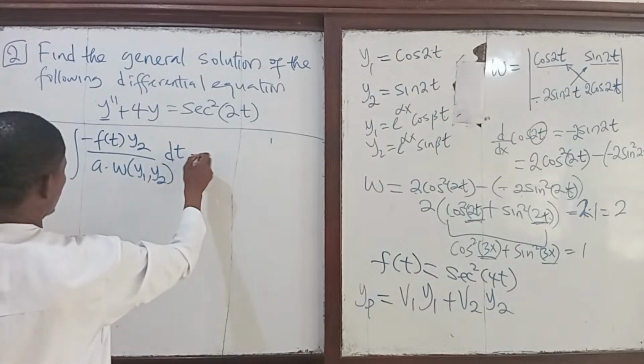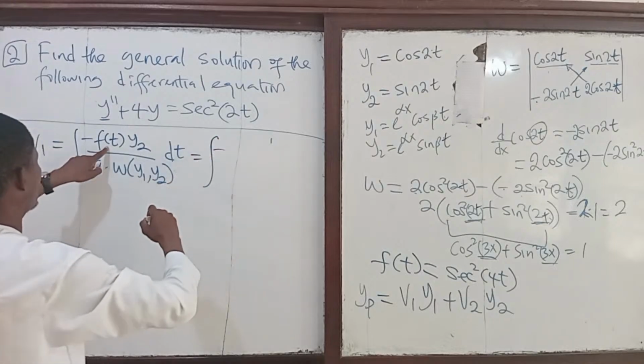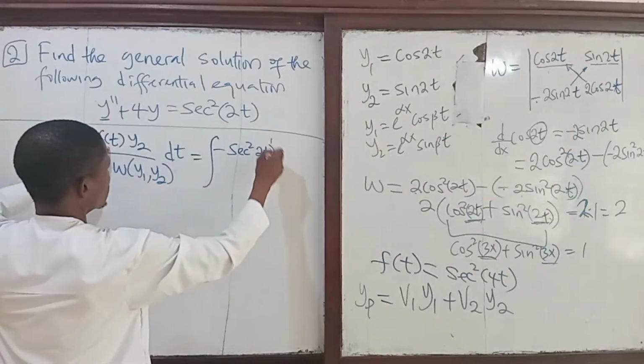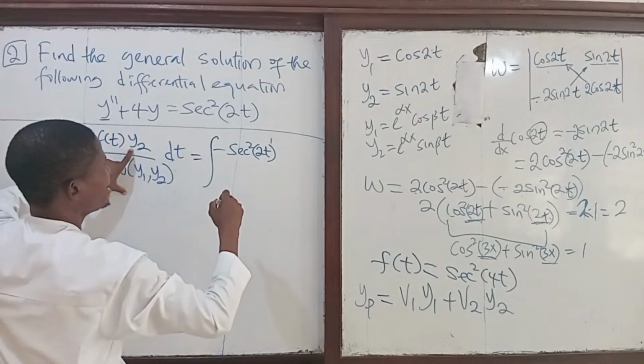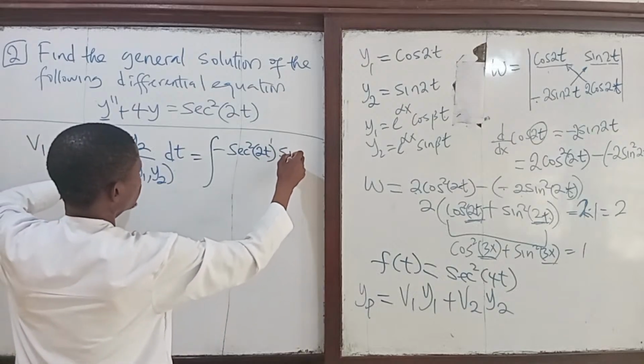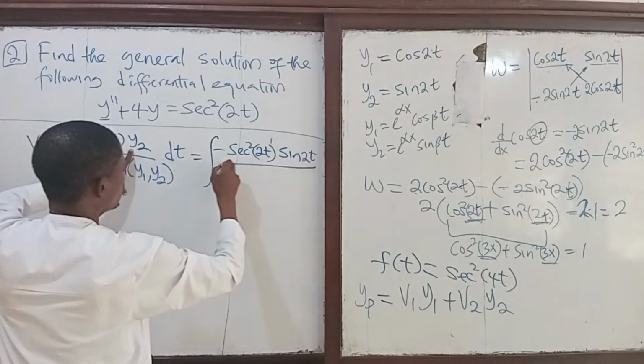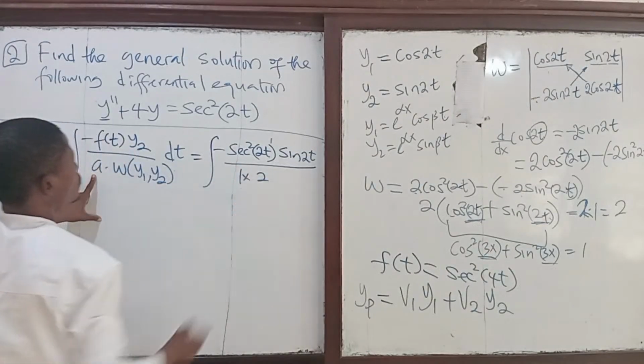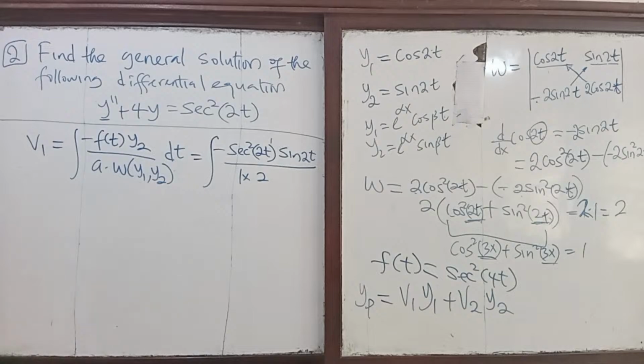And that will be equal to minus my f of t, which is sec square 2t, y2 is sin 2t, all over a is 1, Wronskian is 2. So that's what we have in that place.